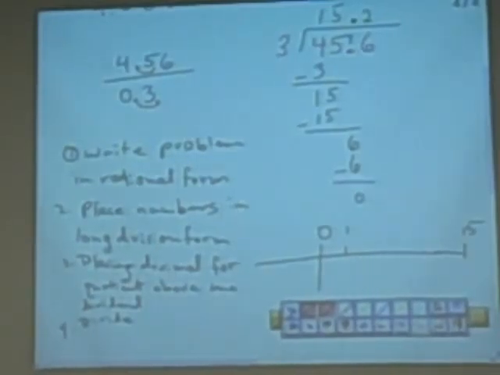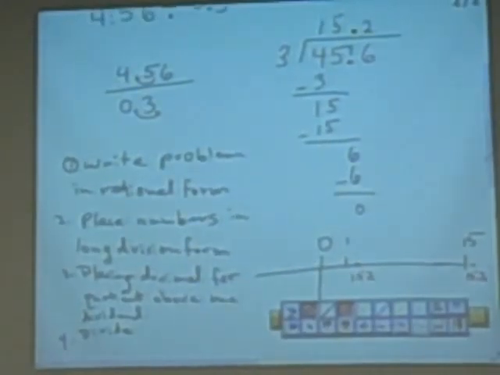Okay, this is 1.52. This point here, this is 15.2. See how different those numbers are? It looks like, well, it's just one little decimal point. No, those are 2 totally different numbers. So you have to be absolutely careful where that decimal point goes. You have to be careful that the numbers line up and where that decimal point goes. All right? Any questions?